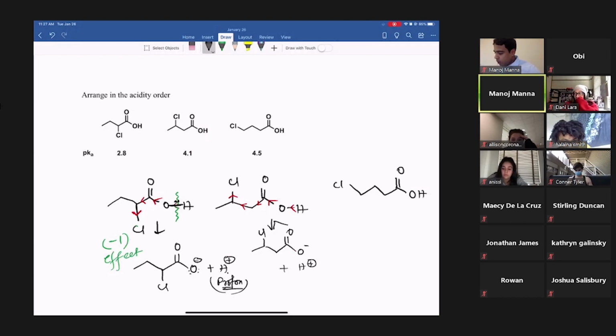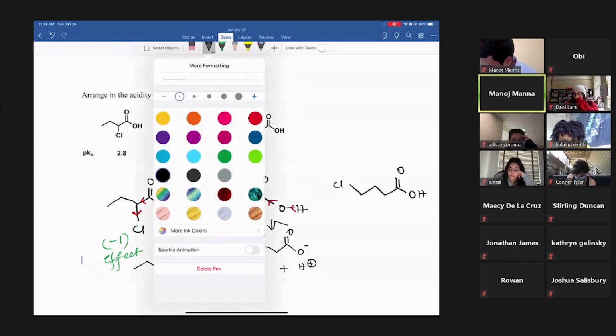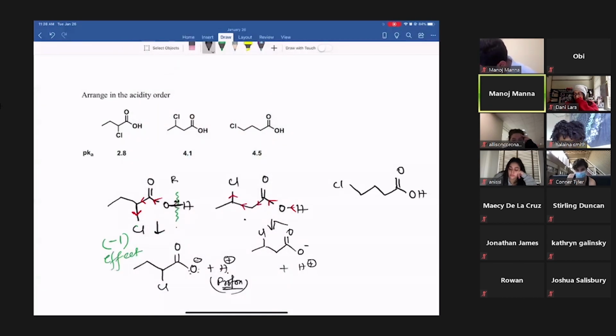But what is our goal? Our goal is to compare the acidity of these three. Based on the inductive effect, we see the bond dissociation.